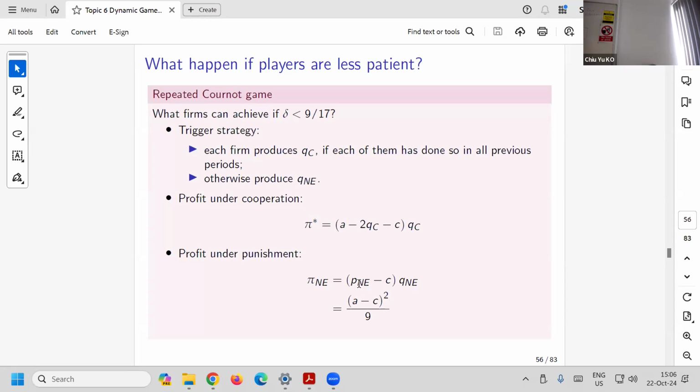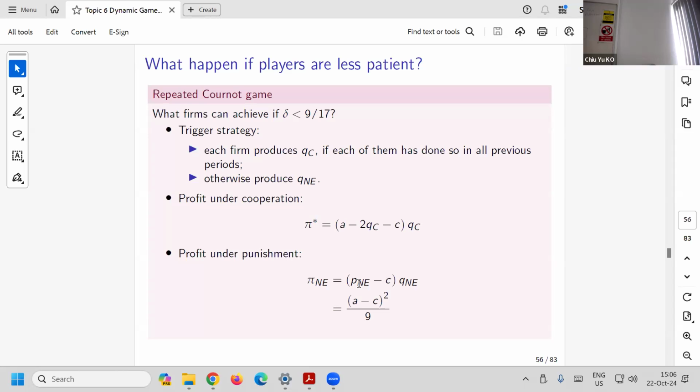That means we cannot collude at the right level. Because we produce too little when we collude, the gain of monopoly is so high that when you deviate, the gain is too much.